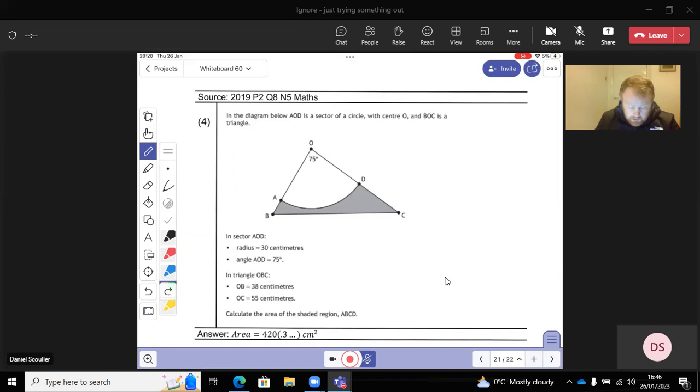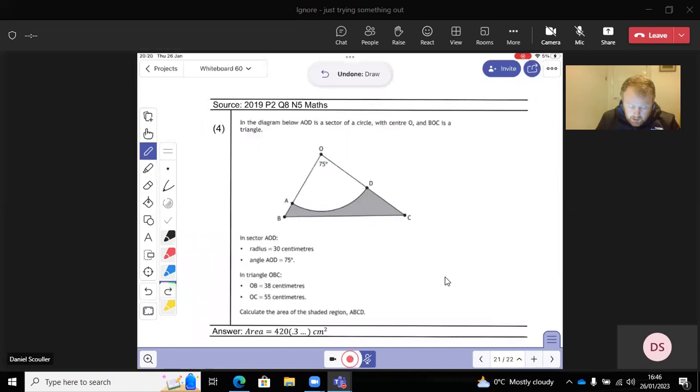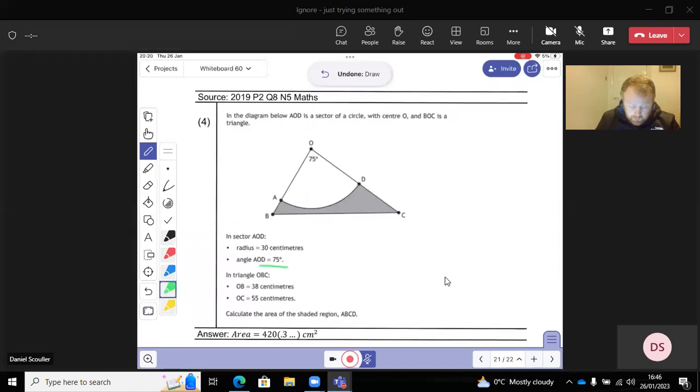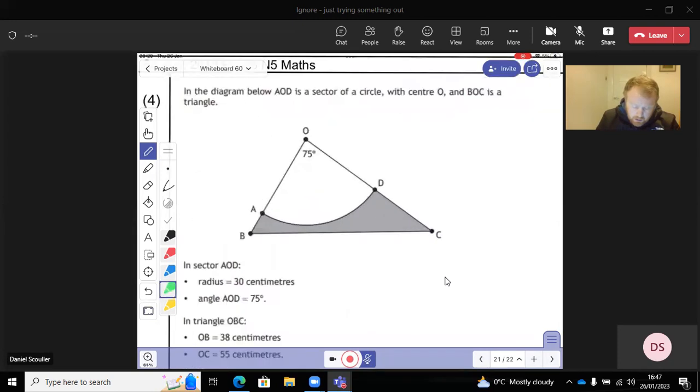So in sector AOD, you're given the radius of 30 centimeters, and you're given the angle of 75. So that's an illustration, that's no problem. In triangle OBC, you're given OB, the side OB is 38, and OC is 55. So you're given a wee bit of information about the triangle as well.